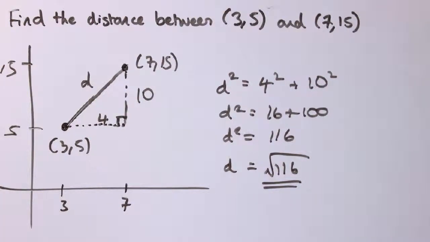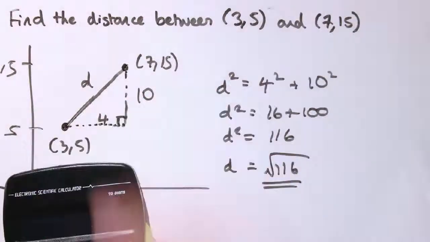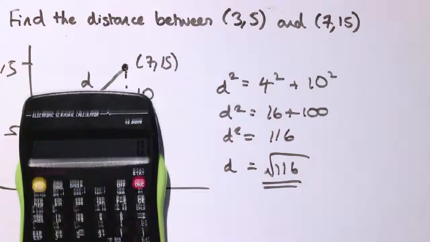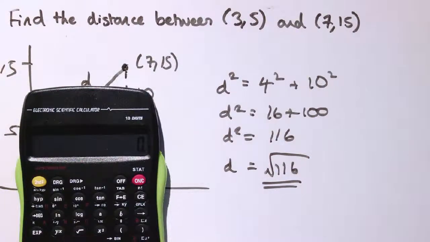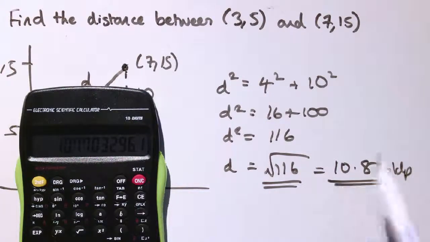And if you wanted to work that out as a particular value, you could do that as well. So I could say square root of 116, as a decimal, would be about 10.8 to 1 decimal place, or you might prefer to leave it in surd form.